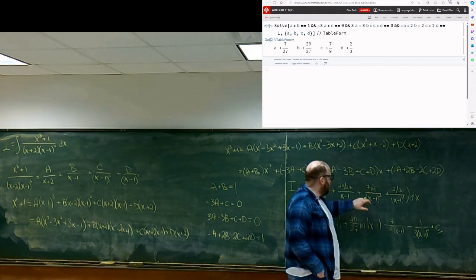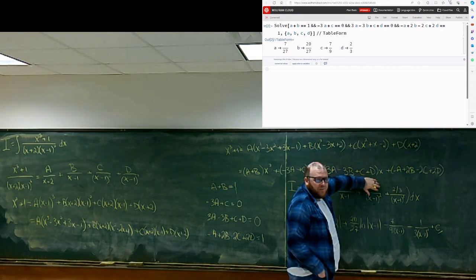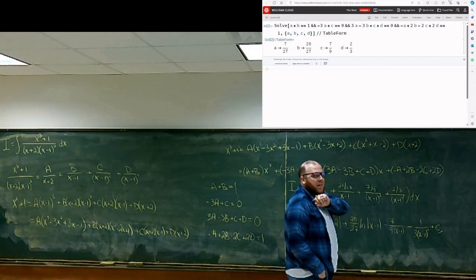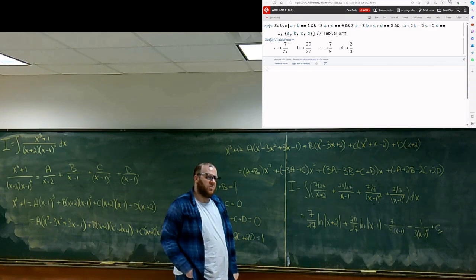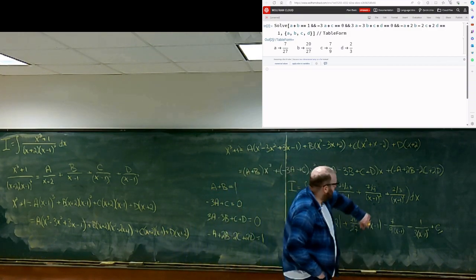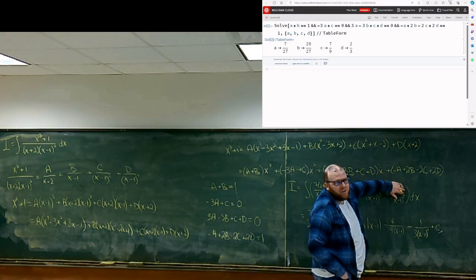So really just ignore the constants and ask what the antiderivative is. Negative 1 over u. Now multiply that by 7 over 9. That's what I'm doing. Same thing here, u to the minus 3, antiderivative.